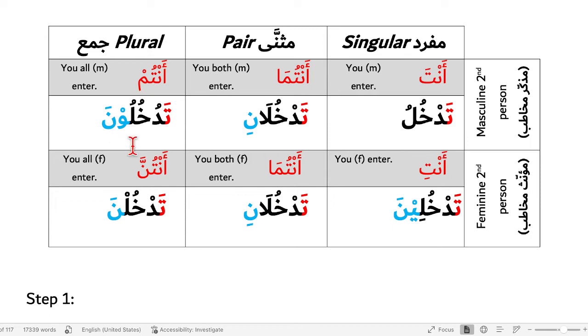This is the regular second person, and we're going to make the command verb out of that. You can command one person, or two persons, or all of the persons masculine, and similarly for feminine.